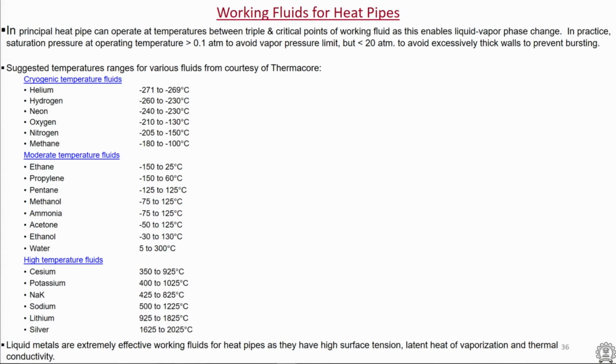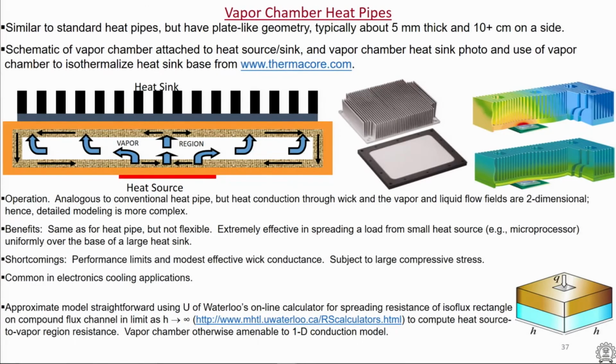So, these are a quick review, and these heat pipes take another form called vapor chambers in electronics, where you are severely limited by the spreading resistance of the structure. That is, if you have a very high heat flux device, but the surface area of the device is very small, then the heat is spread through a vapor chamber.